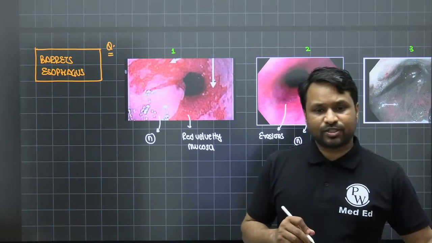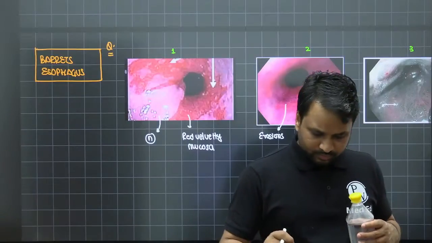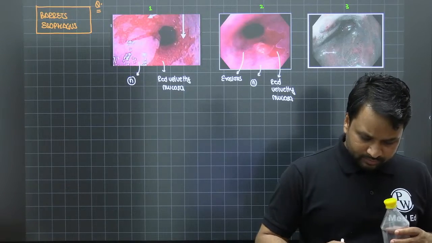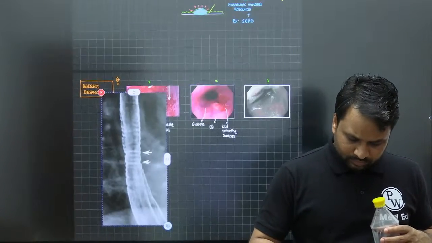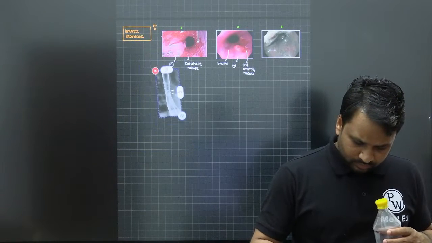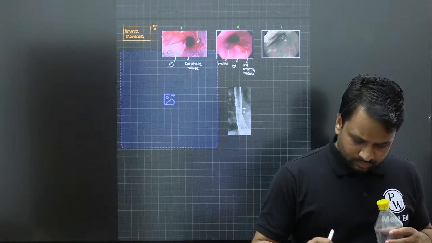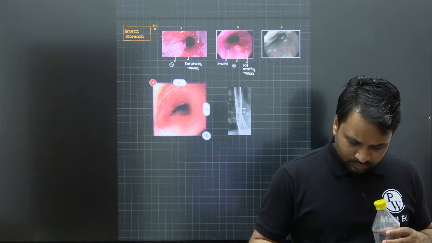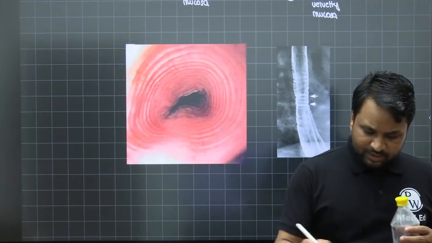So in the feline esophagus, as we have told you before also, you will have the same components. I'll just add the images here for feline. So this is how your feline esophagus would look like.